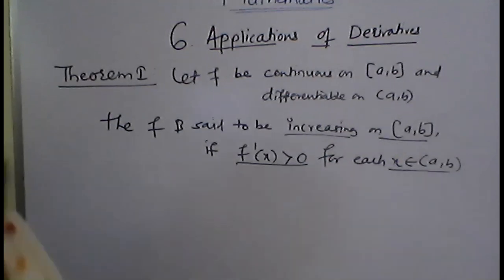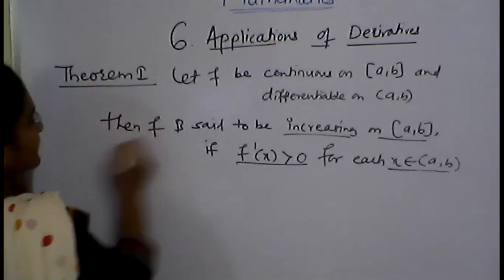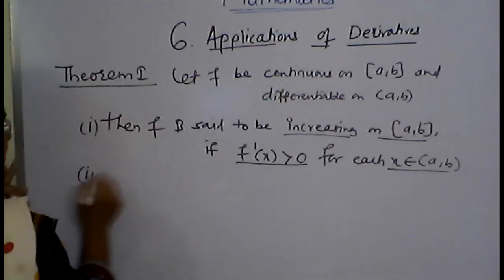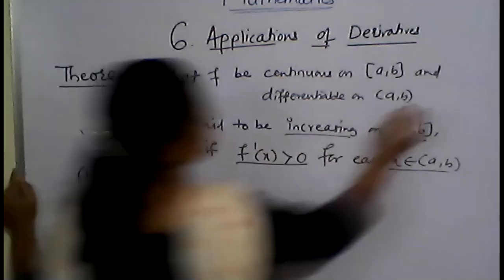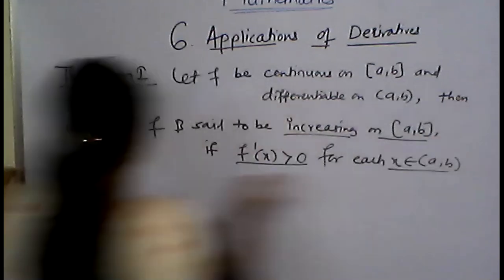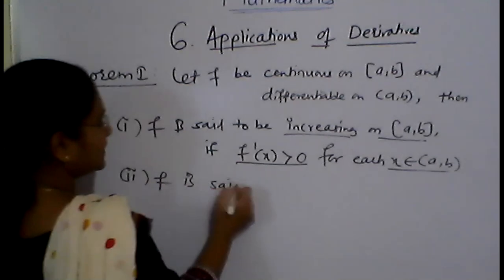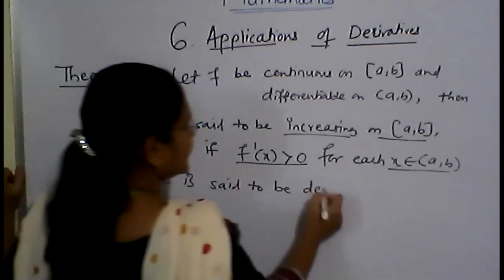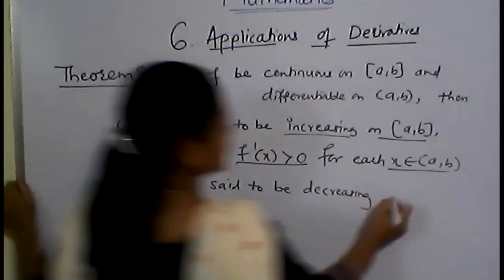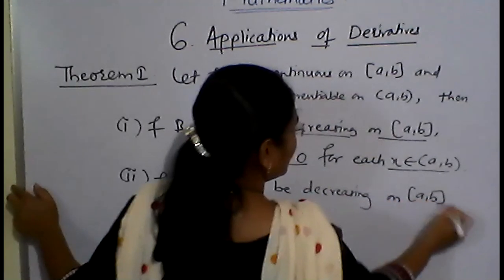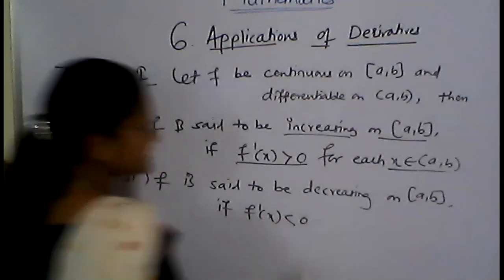Okay. No doubt. Now, the function is said to be, first, this is second. Second one, f is said to be decreasing on closed interval AB if f dash x is strictly less than 0.